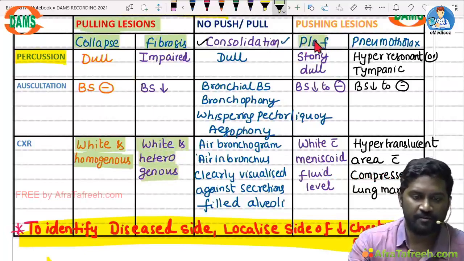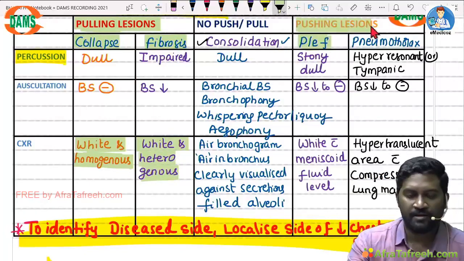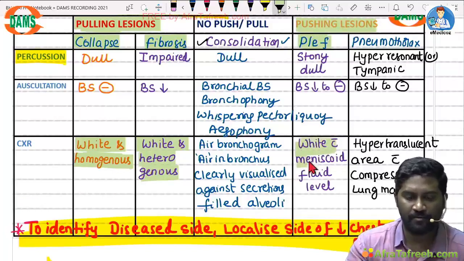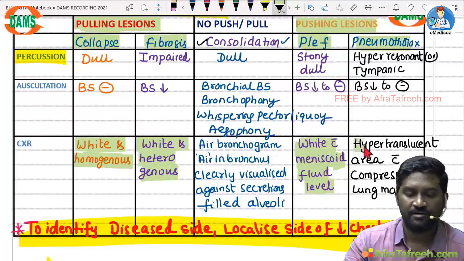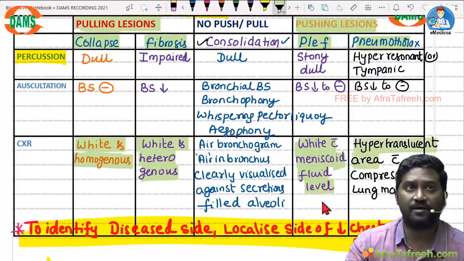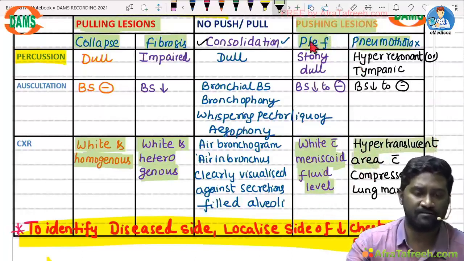Whenever you see a pleural effusion, it is a pushing lesion. You should be able to identify white with meniscoid fluid level. Whenever you see a pneumothorax, it is a pushing lesion. You should be able to identify hypertranslucent area with compressed lung margin.